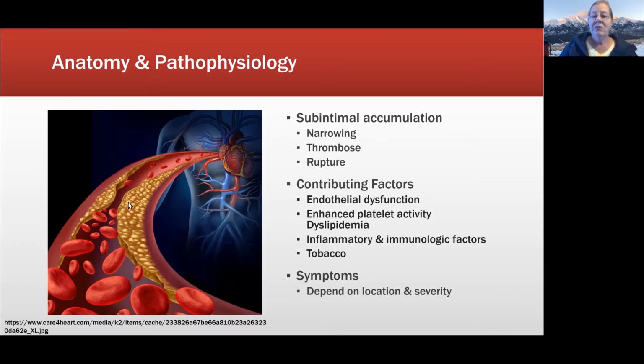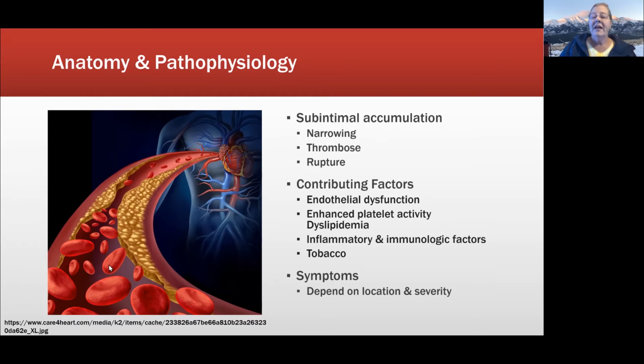That would be an acute issue, because we can give clot busters like TPA or TNKs to open that up. The other big concern, though, that we have is a rupture, where the intima actually lets go. This plaque ruptures out and plugs this hole, and there is no further blood supply distally to that.